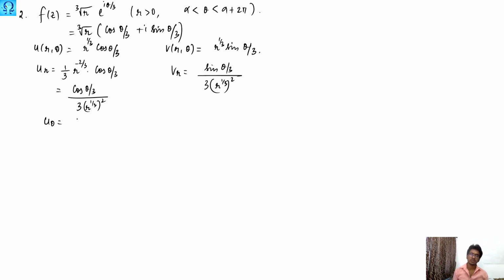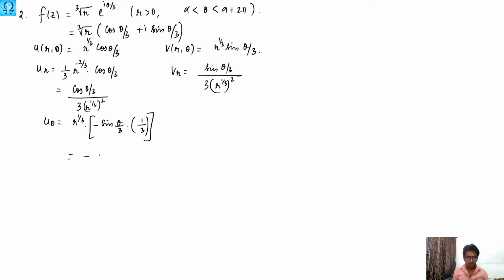And u_theta. So r to the power 1 upon 3 stays as it is, and cosine would give you minus sine theta upon 3 multiplied with 1 upon 3.